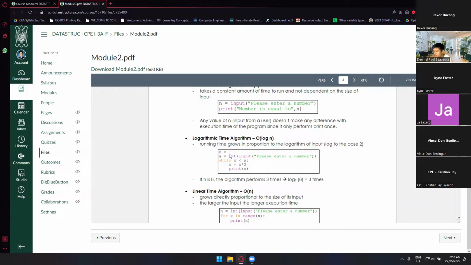So we have an initial number of 1, and then it will be multiplied by 2, then 2 times 2 is 4, and it just keeps on doubling. So 1, 2, 4, 8, 16, 32. That's how this one works. And then you're just going to print x as long as this condition is true, so x is less than n.